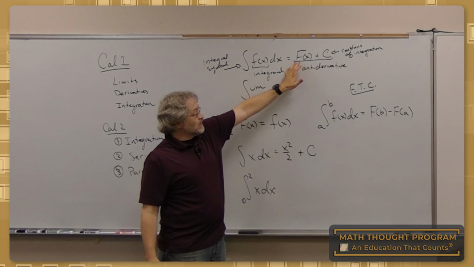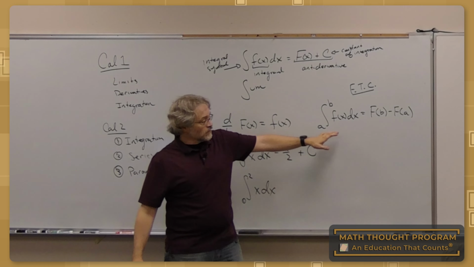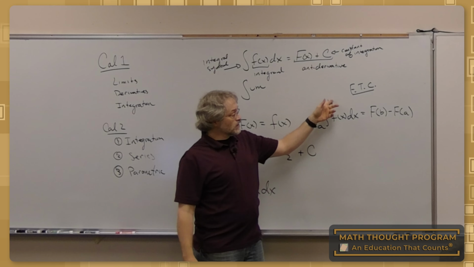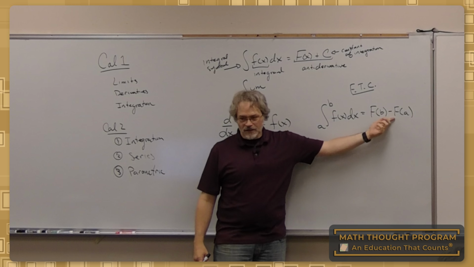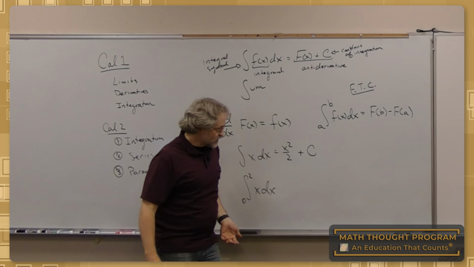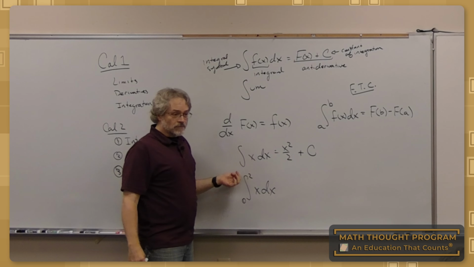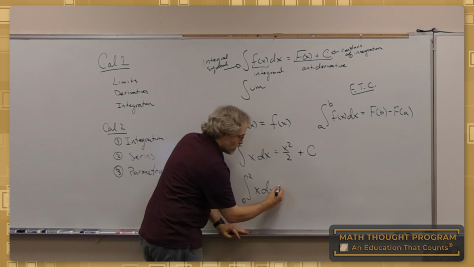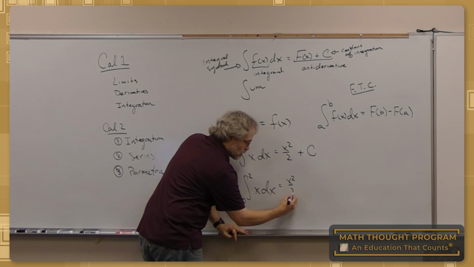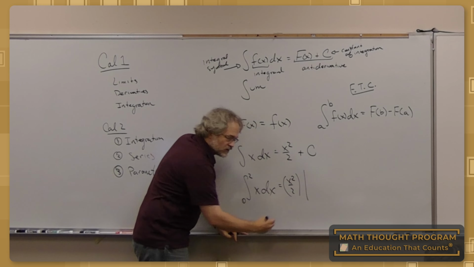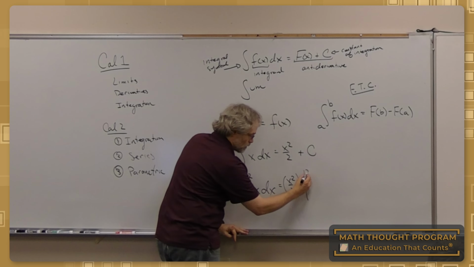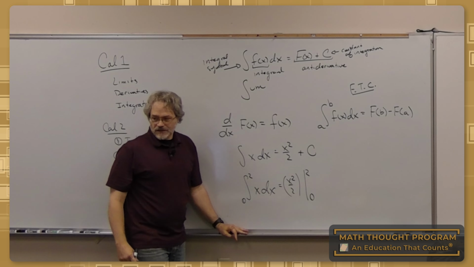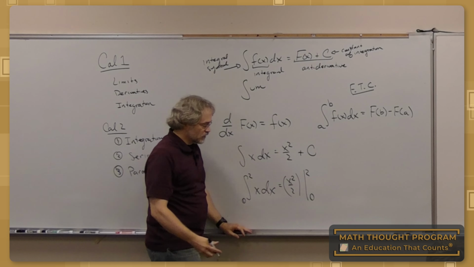I'm still trying to find its antiderivative, and I can do the evaluation. I drop in the b, I drop in the a, I get my value out of it. So I would do the same thing over here. I'll drop in my b, or I drop in my a after I find the antiderivative. And one way I can express this, I can use a vertical bar, which is indicating that we're dropping in the 2, dropping in the 0.